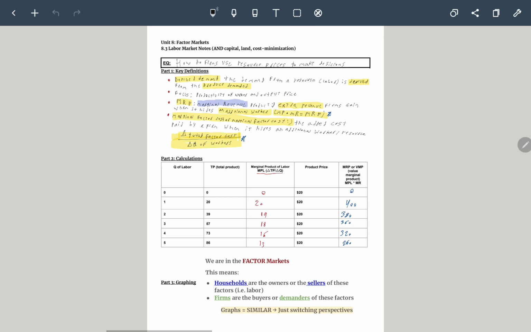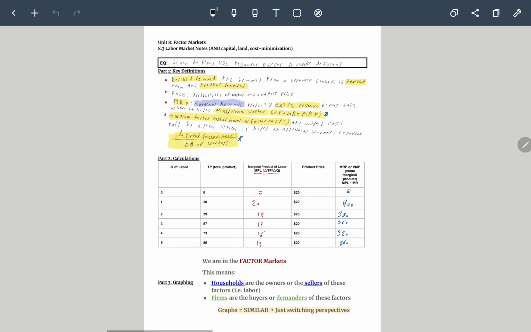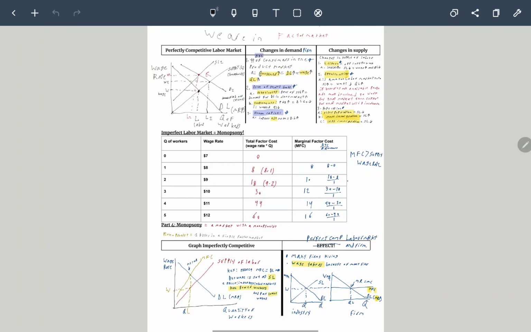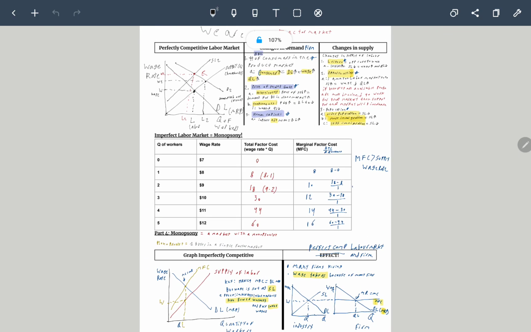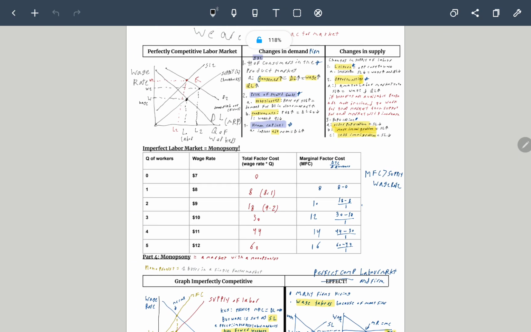Now, we are in the factor market, which means that households are the owners and sellers of factors, and firms are the buyers or demanders of these factors. Similarly, we can see this in the graphs. So we have a perfectly competitive labor market. A perfectly competitive labor market has a different axis from what we normally see.